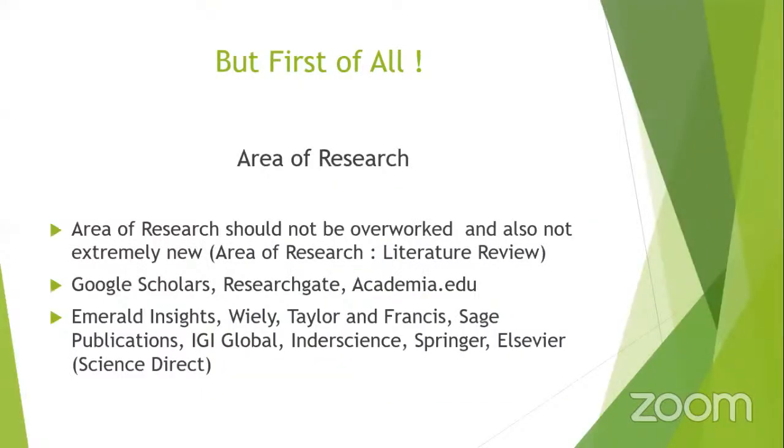First of all, we should see the area of research. What should be the area of research? It should not be overworked, like most of us do retailing, online retailing. Nowadays papers are published on chatbots, ChatGPT, AI, artificial intelligence, blockchain technology, and applications of all these in social sciences.